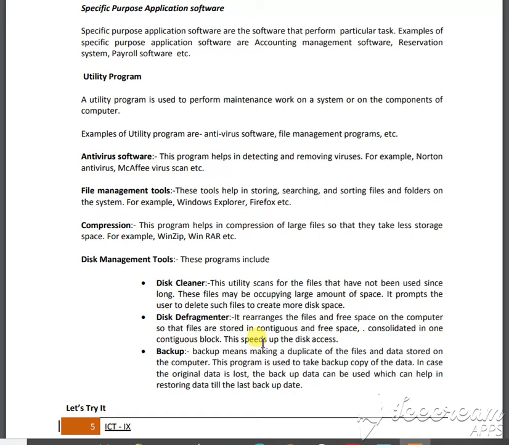Cleaning the disk means that if any unwanted file is occupying space, you want to clear those files. This is disk management.